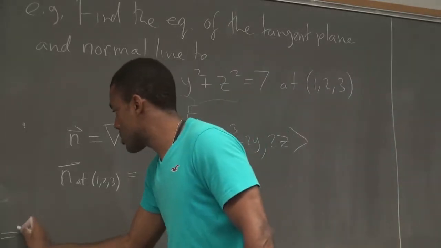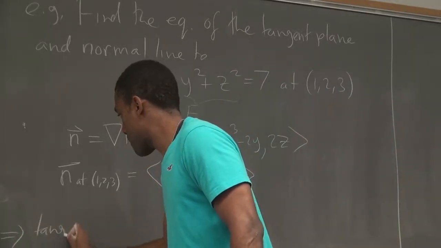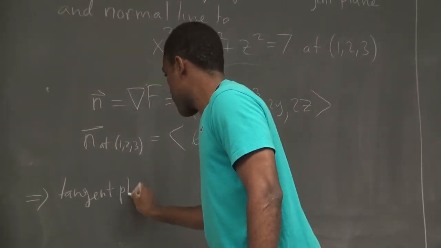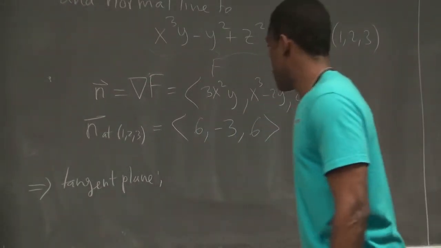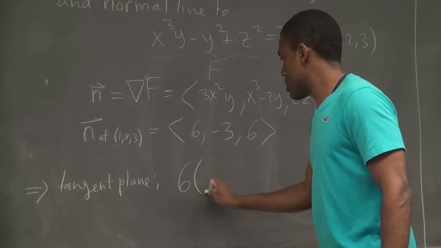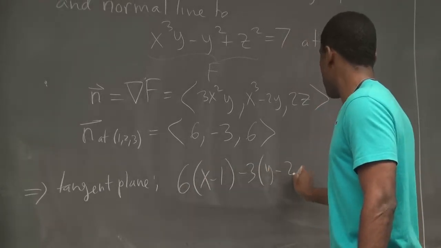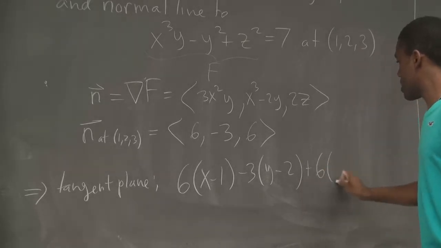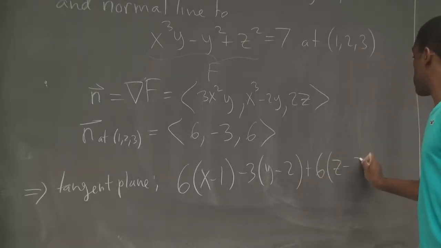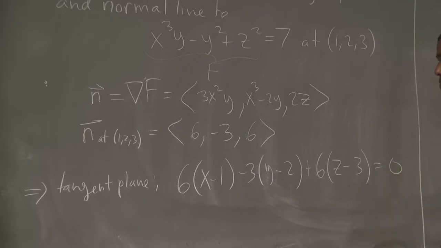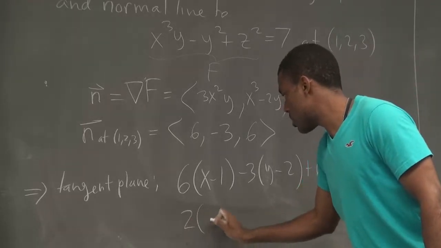This means the tangent plane is 6 times x minus 1 minus 3 times y minus 2 plus 6 times z minus 3. I could simplify that a little bit.